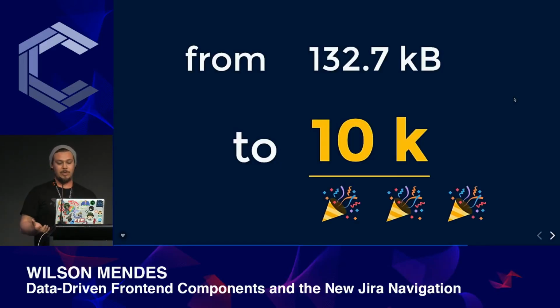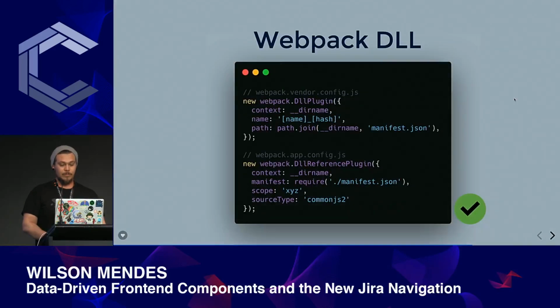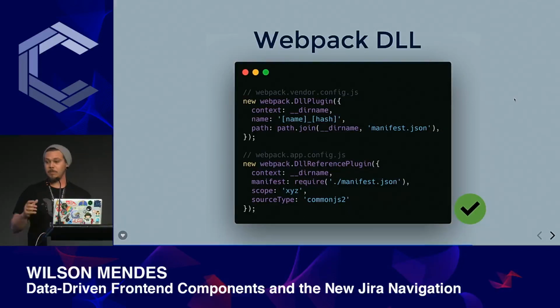With this change, we decreased the main package called Navigation Next from 132 to 10 kbytes. Quite good. And with all the changes that we've done in the products, using Webpack DLL to improve the cache, improving the way that we are doing bundles, this is a quick configuration that was pretty much what we did.